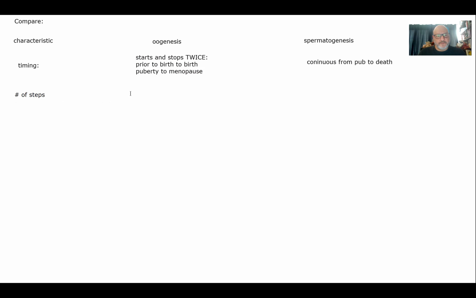Oogenesis has 2: mitosis and meiosis, whereas spermatogenesis has 3: mitosis, meiosis, and spermiogenesis. Notice this is kind of a nicer way than just saying spermatogenesis involves spermiogenesis and oogenesis doesn't, right? So this is kind of a better way to make that same comparison.